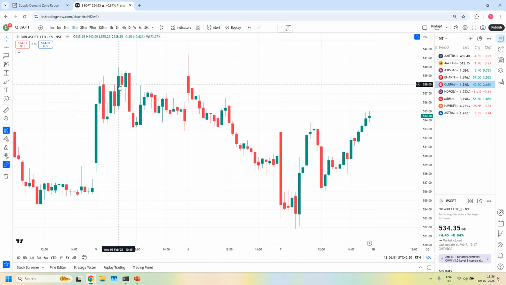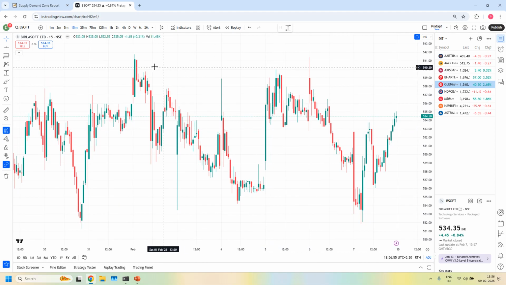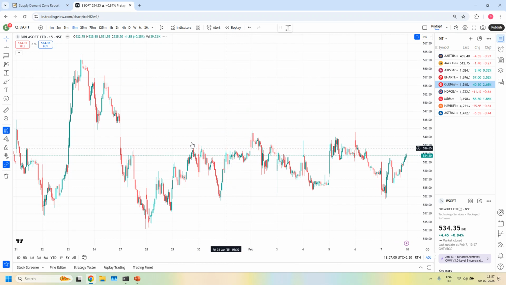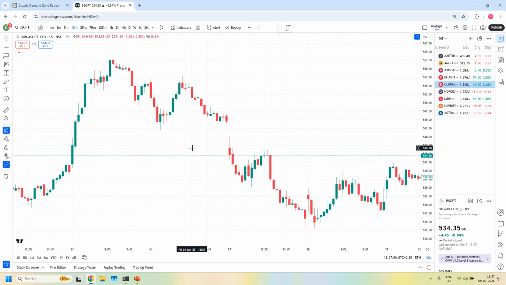Anyway, 24th January 1430, 3 base candles and with hidden body a drop candle.